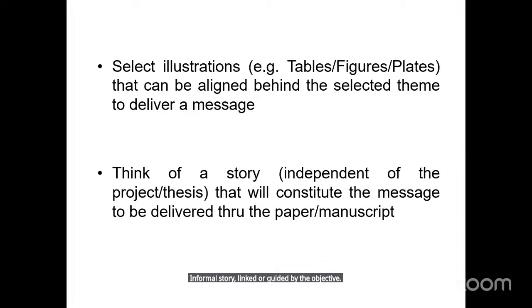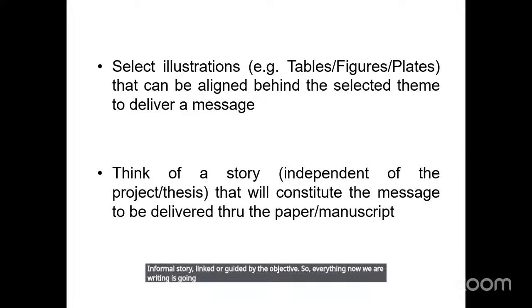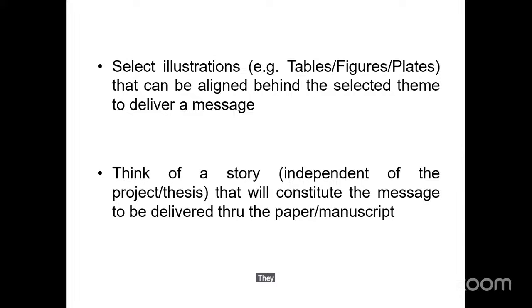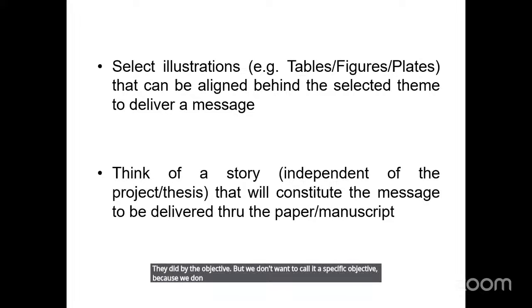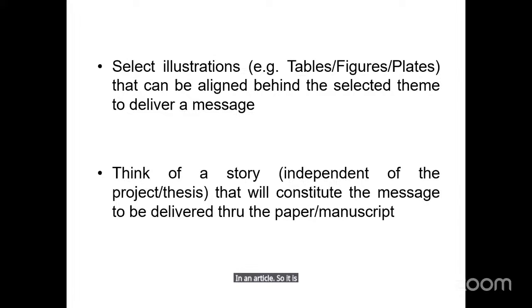So everything we are writing is going to be governed by the objective. We don't want to call it a specific objective because we don't have a main objective in an article. So it is the only objective. Okay?